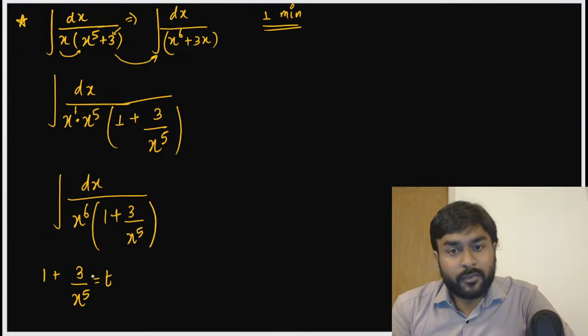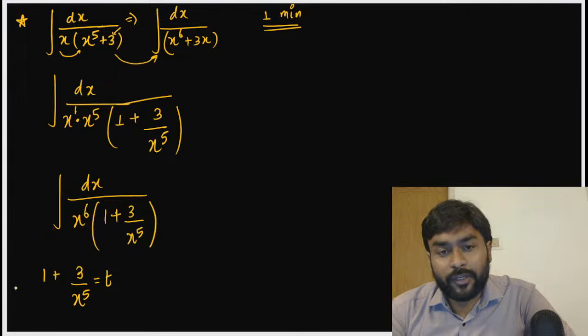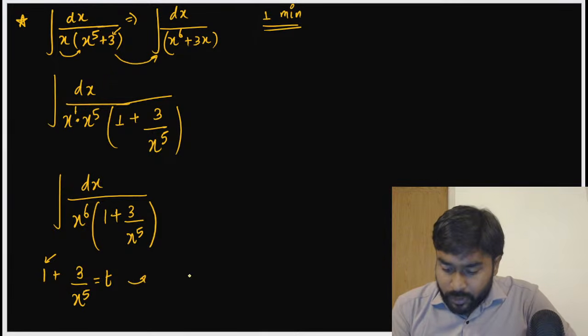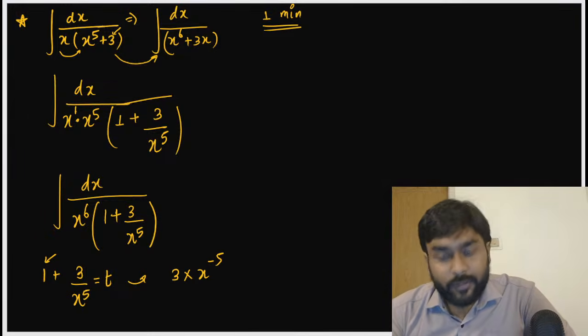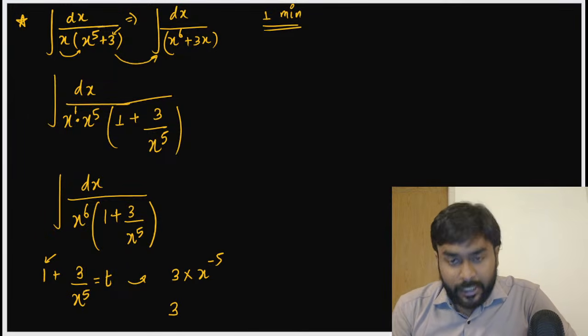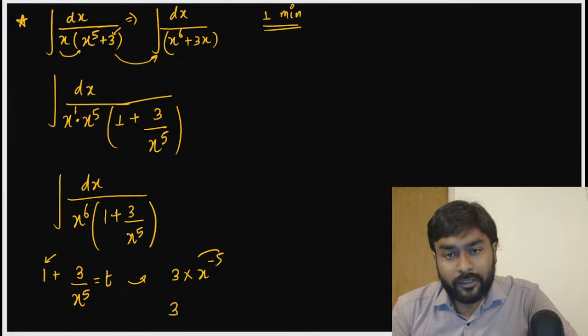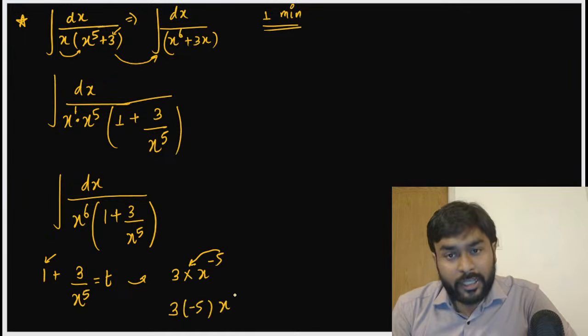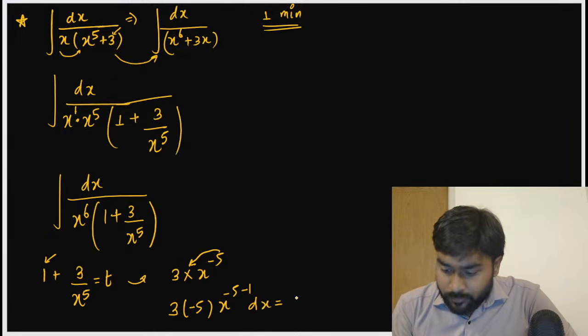If you differentiate this, differentiation of 1 will be 0. And differentiation of this, how will you do it? You will write 3 into x power minus 5. Then 3, then n x power n minus 1. This minus 5 will come here, so minus 5, then x power minus 5 minus 1, dx equal to dt.